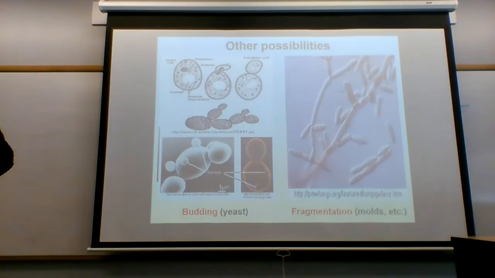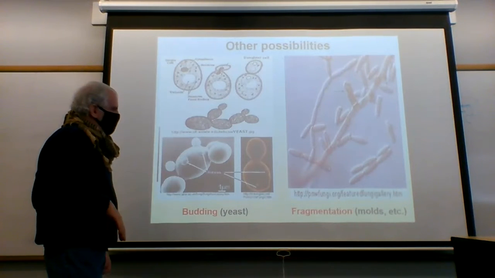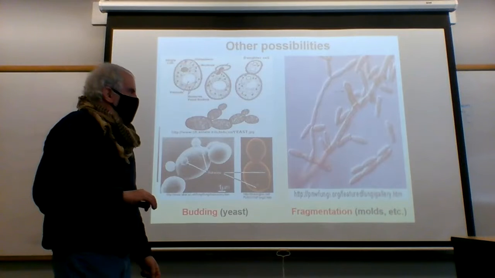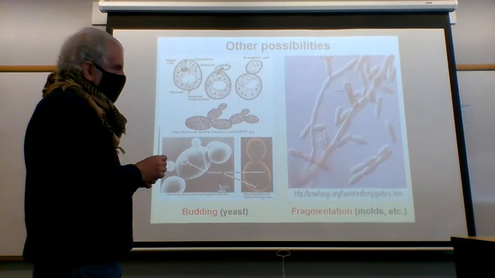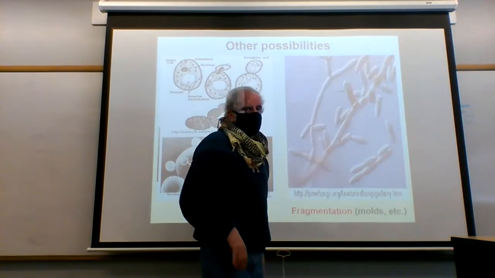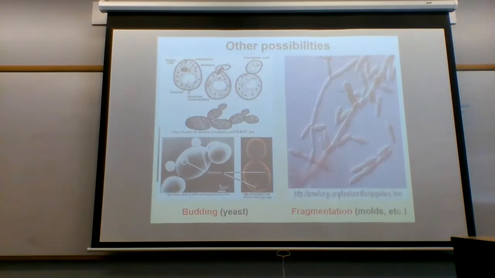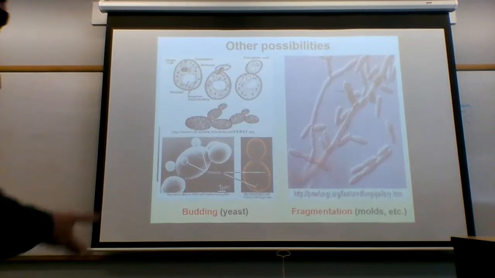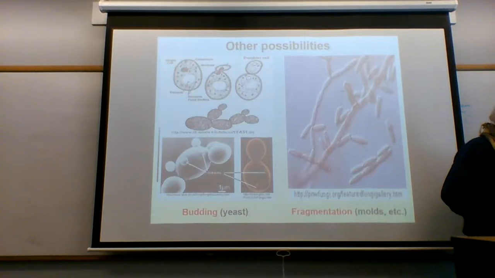Now you've got a little bud coming off. It's got the DNA in it, and it starts to grow, but it very distinctly is the little guy, and then eventually it'll pop off, so you have these little bud scars. There are also fungi that grow and spread through fragmentation, where pieces of almost like a stalk will break off, and then they'll begin doing their own kind of division. So binary fission, though, for bacteria is pretty much the standard. But you're just figuring we throw in the exception that might make the rule, whatever.